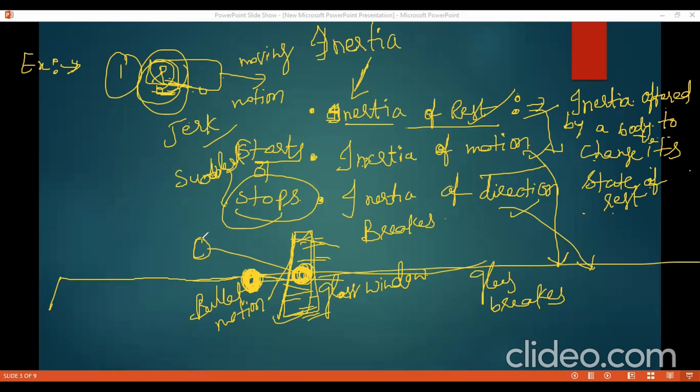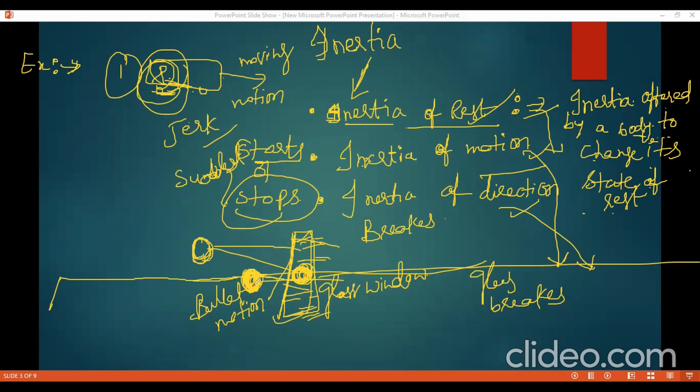Whereas this stone is at rest at the beginning. When you throw a stone over a certain distance, you are applying very little force. It is not moving very fast, so its inertia is more. And the inertia mainly depends upon the size also.